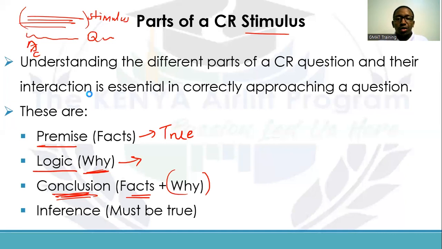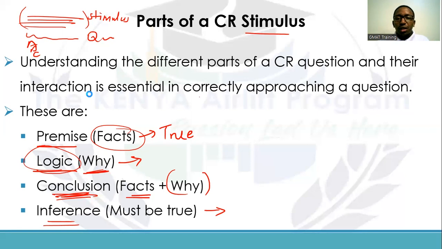So in questions that have a conclusion, you always have to find the logic and the facts presented. Then inference questions need an inference, which is like drawing a conclusion that must be true. This is usually not a part of the stimulus really, but it's important because you have a conclusion that you're drawing yourself.